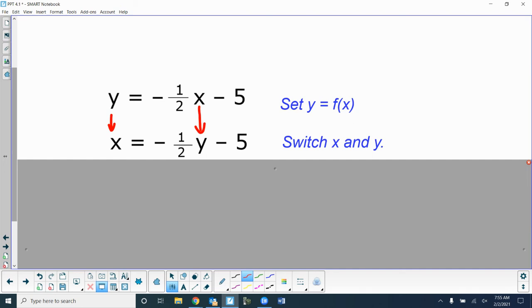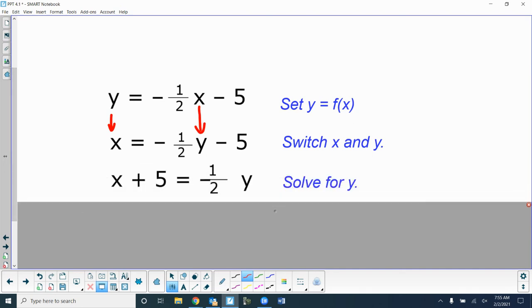How do I move it? We add it. My negative sign kind of got messed up. There's a negative still there. How do I get rid of that negative 1/2? Multiply by -2, right? That's easier than dividing by -1/2. That's usually what we do.